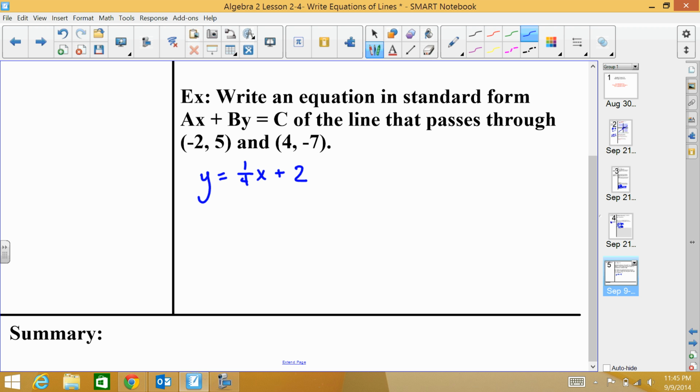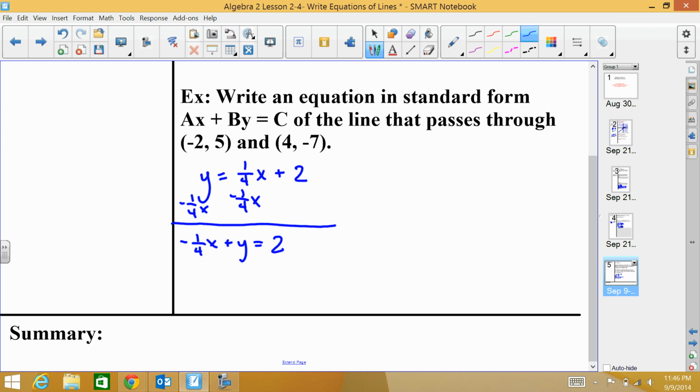And that's your equation that you end up with, and you want to change this into standard form, which is ax plus by equals c. Well, I can move this over to be with my y, just like the other one. And I would get negative 1/4 x plus y equals 2. And that looks like it's in standard form.